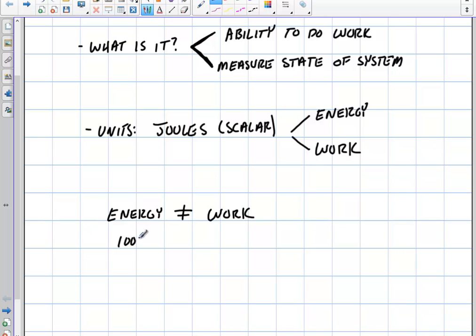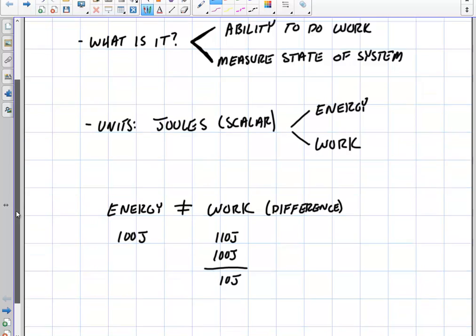So again, if I had an energy of 100 joules, and then I moved to 110 joules, the work would be the difference between the two. So the work is the difference. So this is the difference between two states of energy. We'll talk more about that later. Not the same thing though. Okay? Same units, not the same thing.